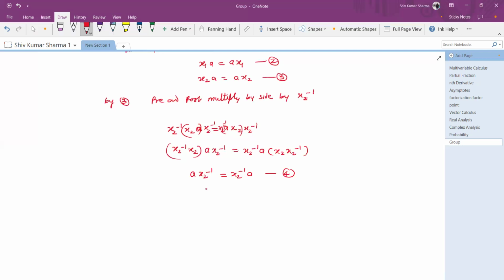So it is clear that when we have Ax equal to xA, where x belongs to G, then x belongs to the normalizer.